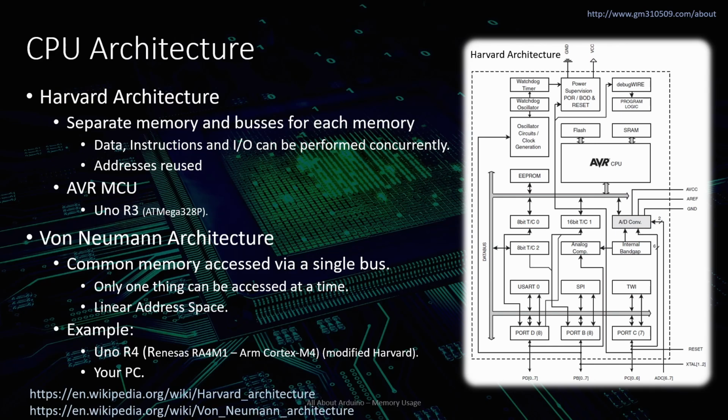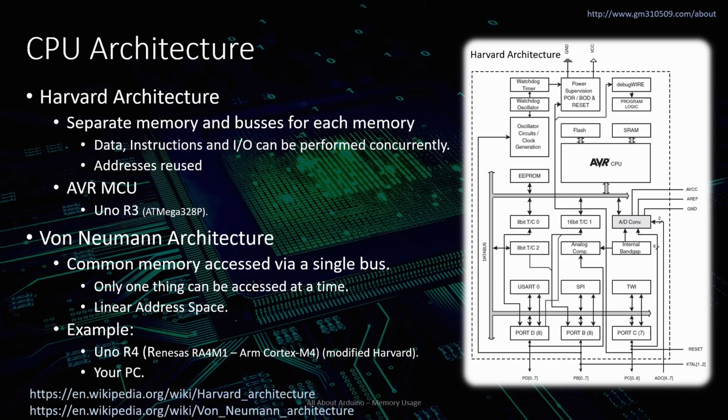So let's have a look at the Uno R4, which is an ARM Cortex MCU, which is sort of von Neumann, but it also uses aspects of Harvard, where there's multiple buses, so it's a bit of a combination, so we refer to that as a modified Harvard.